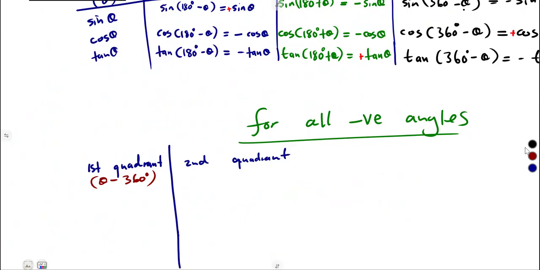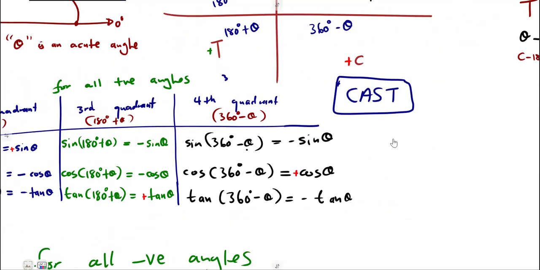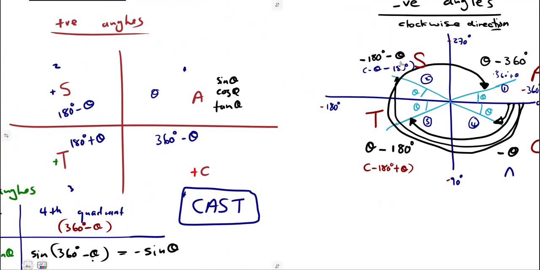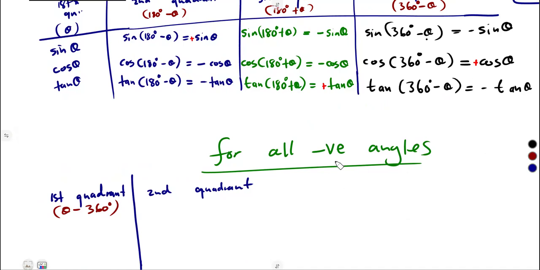In the second quadrant, we saw that is the quadrant of minus theta minus 180 or minus 180 minus theta. Second quadrant, the quadrant for sine, is a negative angle. That is the quadrant of minus 180 minus theta or minus theta minus 180, no matter the way that you understand, guys.